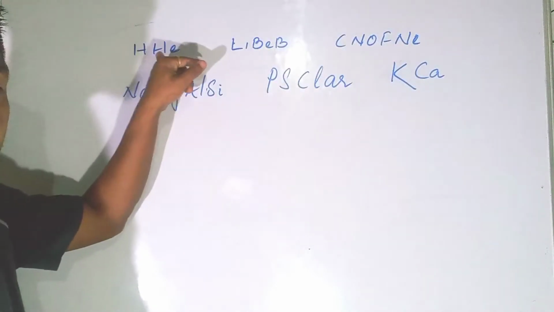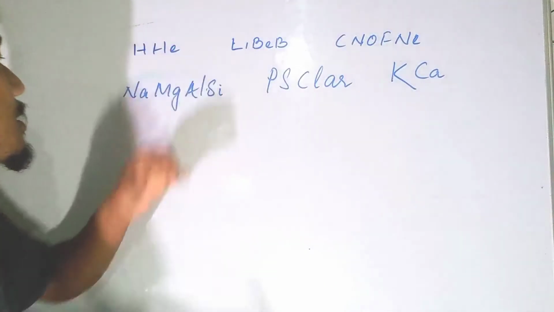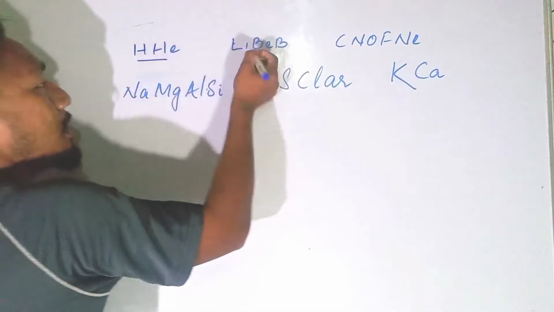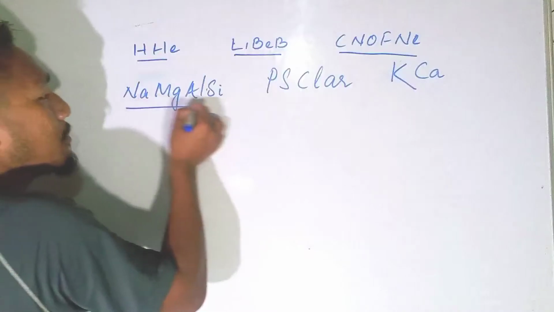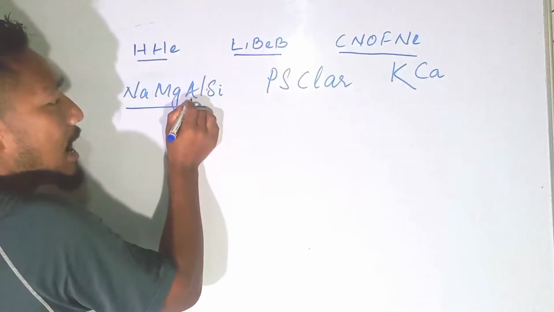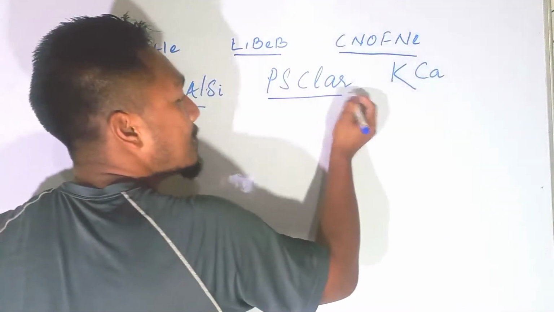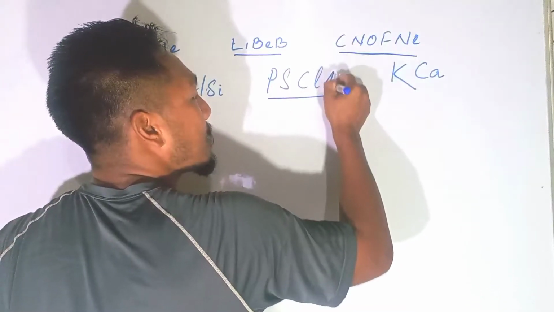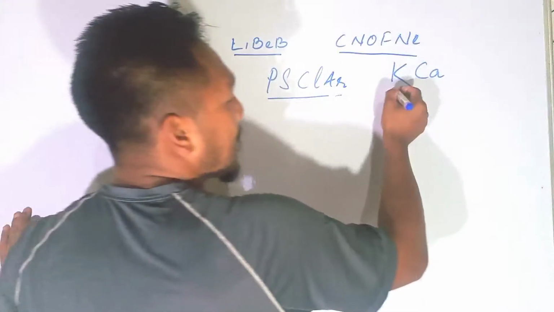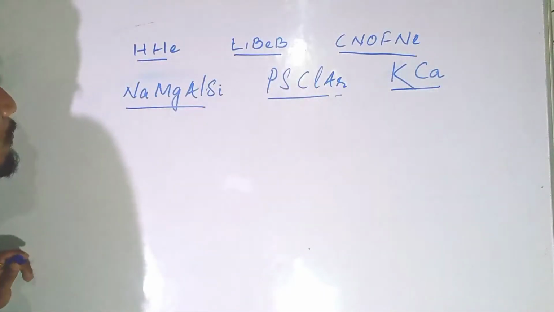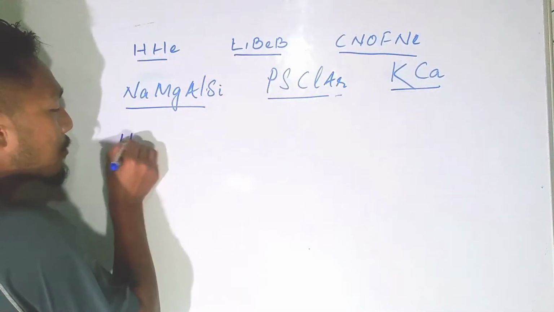He, libef sinofni, namga alsai, ps clar, keka. So the first letter is H, that is hydrogen.